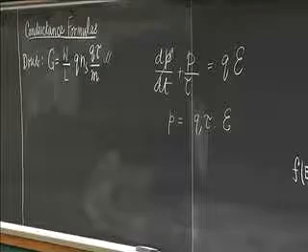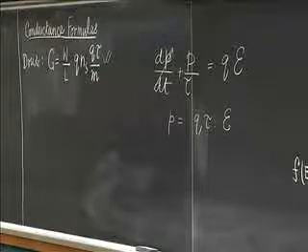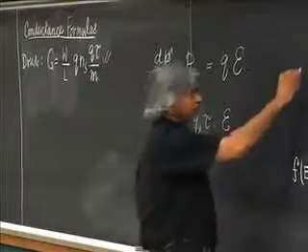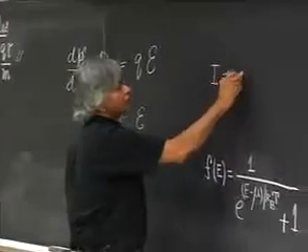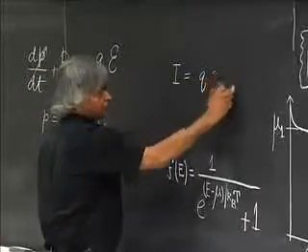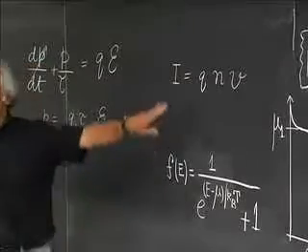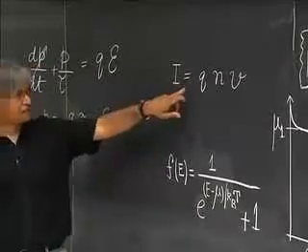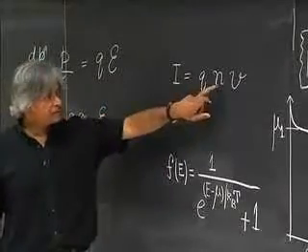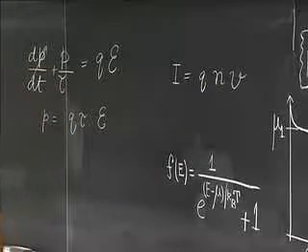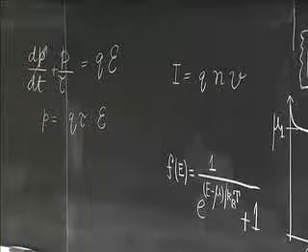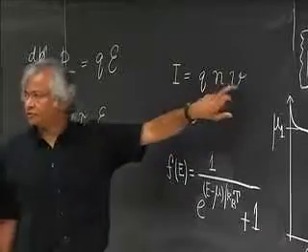And then how do you calculate the current? Well, the usual approach is you write current is equal to q n v. This is the general equation for calculating currents. It is the charge on an electron times the electron density per unit length. It's the linear density of electrons times the speed with which it is moving.